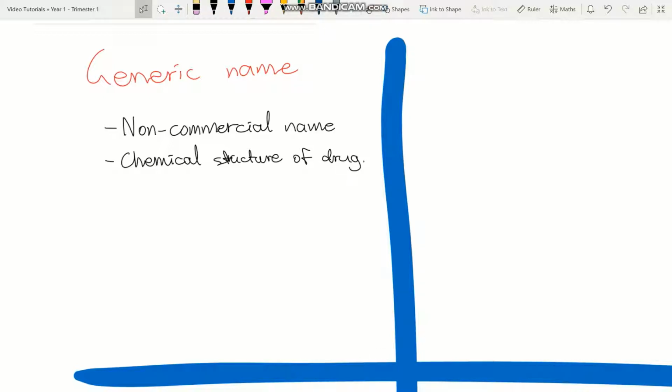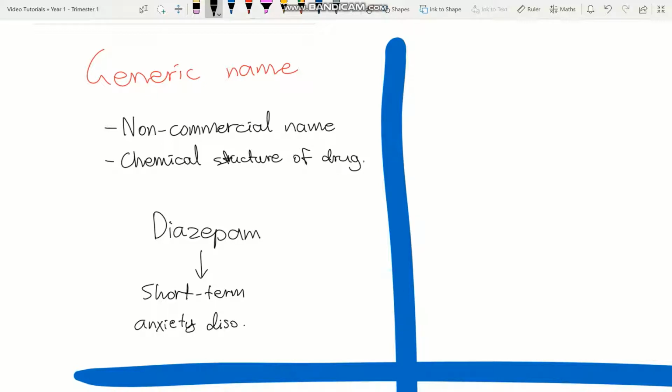So if we take the example of diazepam, we can know from this generic name that this drug can be able to manage short-term anxiety disorders. So this is the generic name.